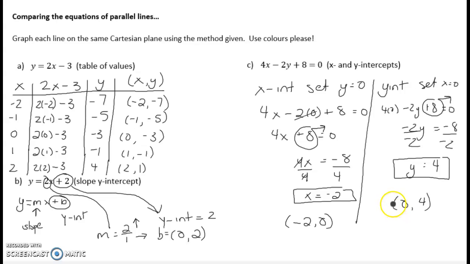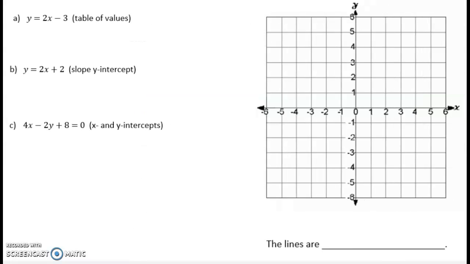So now we're going to graph these on the other side. So the first one that we're going to do is this one. So I'm going to plot some of these points. I won't plot all of them. I'll just plot maybe the first 3. Okay? So plotting the first 3, we had x was negative 2. Actually, I won't do the first one because it went up to negative 7 and my graph doesn't quite go there.